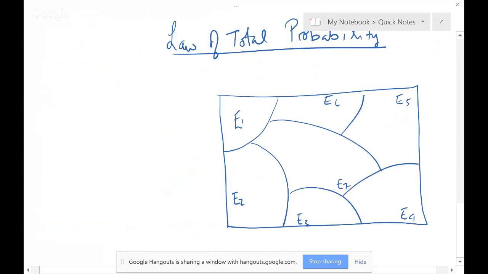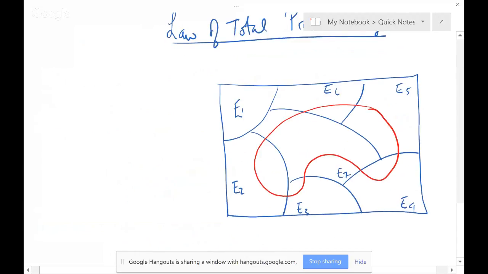Now this is some partition, and then we are interested in some other event, let's say B. B could take some shape like this.